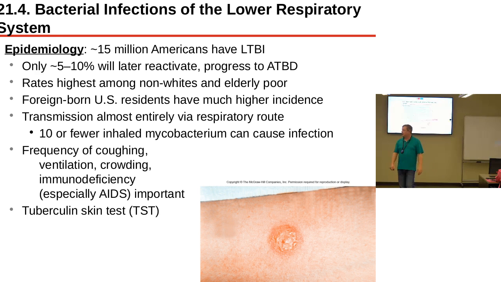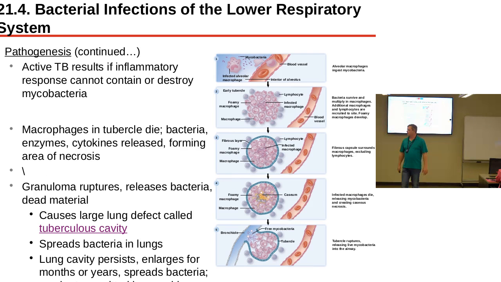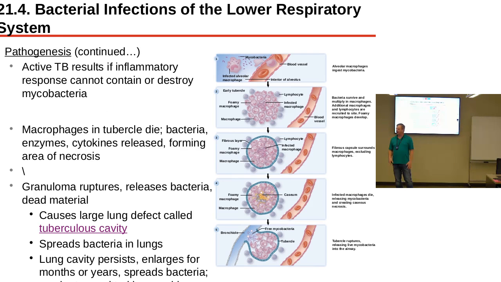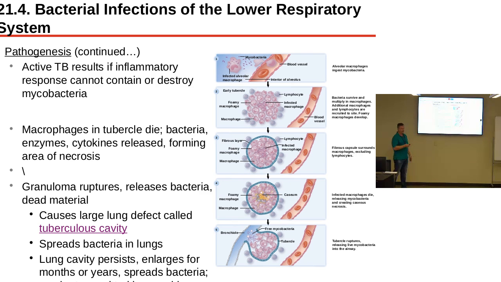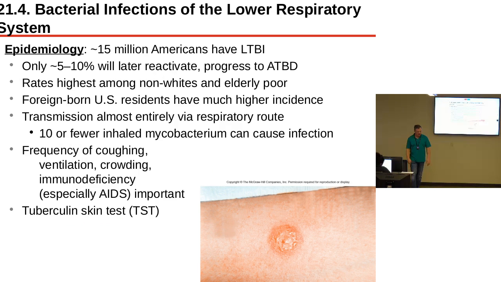The granulomas can also be called tubercles, right? They get different names, but granuloma is the generic name. When you look at a person with TB on an X-ray, the little spots that you see, they're able to identify. So again, it's pretty easy to diagnose in somebody that has active TB.